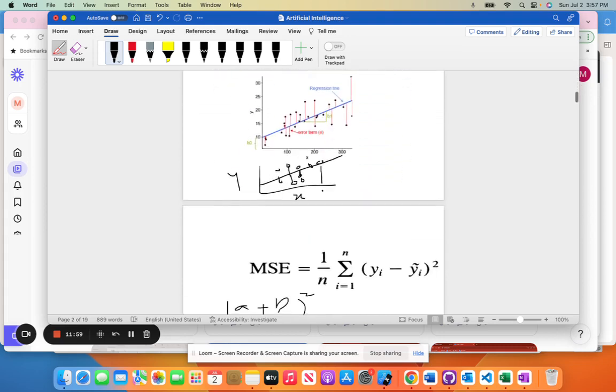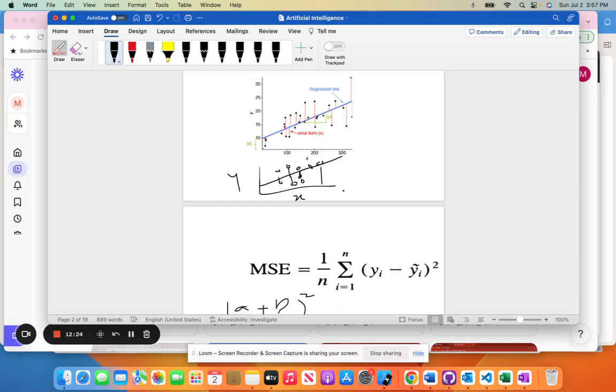We also need to calculate how our model is predicting, what the actual value was, and what the original value was.